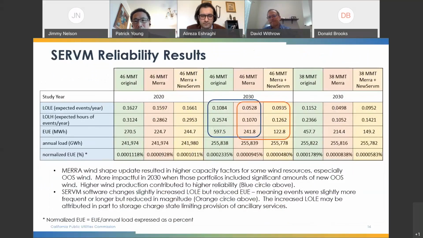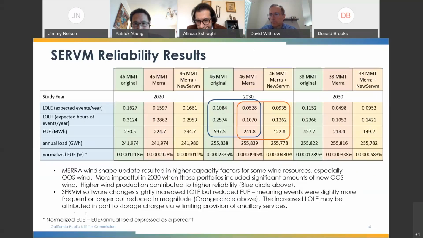Yeah, there we are. So one thing I'm confused about is that in the 2020 results, the EUE, if you look going from the pink one to the yellowish one, EUE went up a little bit from 224 to 244. So it kind of went in between the green and the red and the pink.